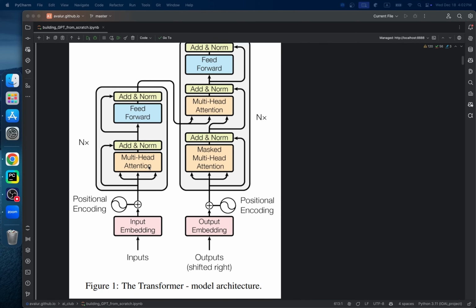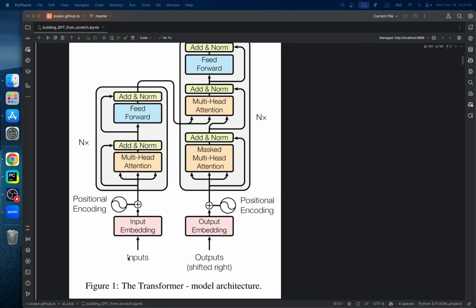This is the multi-head attention block, the main part of it. Then goes the feed forward neural network on top of attention, and we repeat this block usually 6 times or more. This way we are getting a new representation of input words.